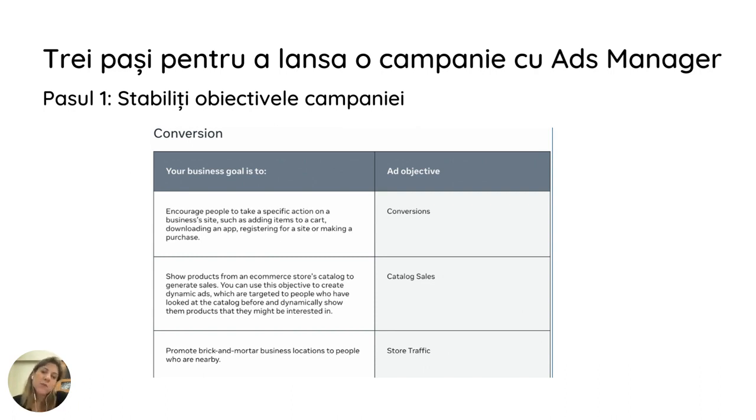Catalog sales is more specifically for e-commerce websites and might not be relevant here, but it's also an interesting way of showing Facebook's capacity to find people who are interested in very specific products. Store traffic is more specific to if you have a physical location and you want to promote this location to people around the area or who are nearby.